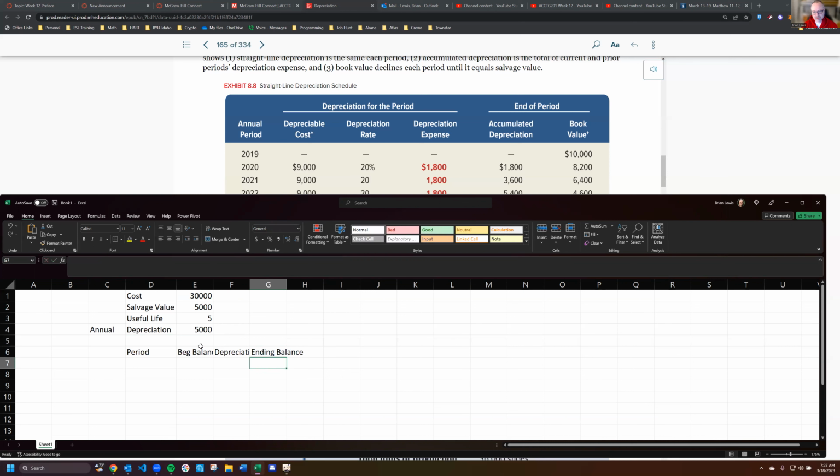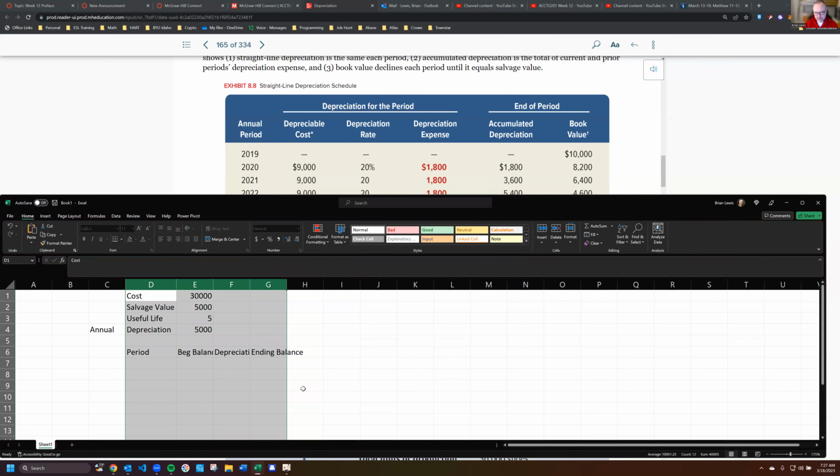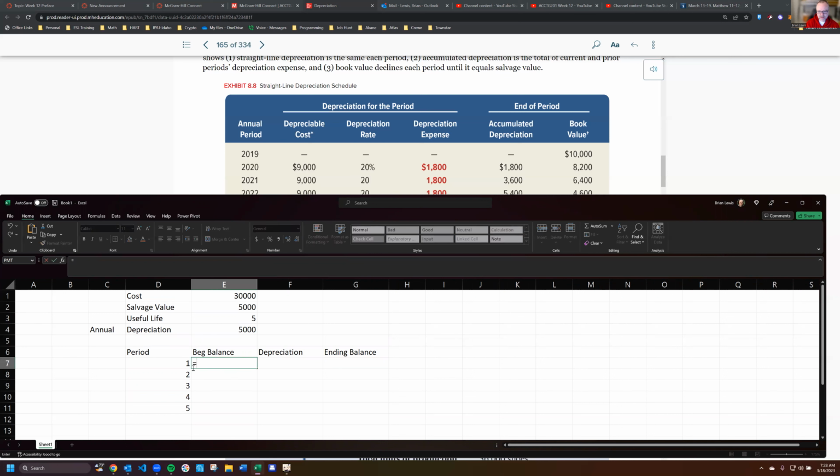Now, let's make this look a little bit better. We can have periods 1, 2, 3, 4, 5. My beginning balance is going to be what I started out with, which is the $30,000.